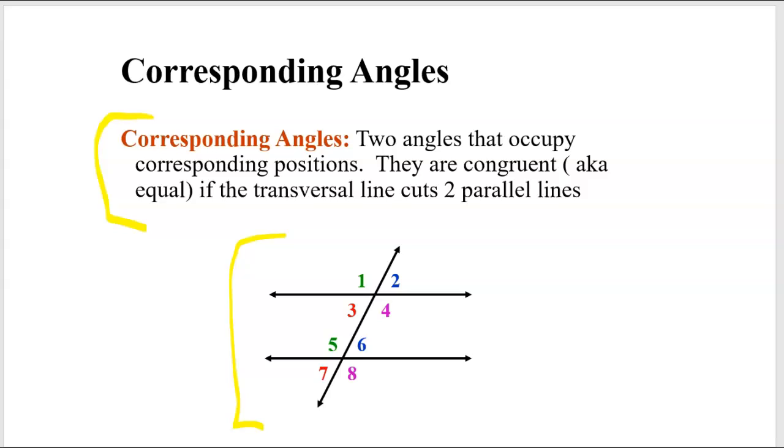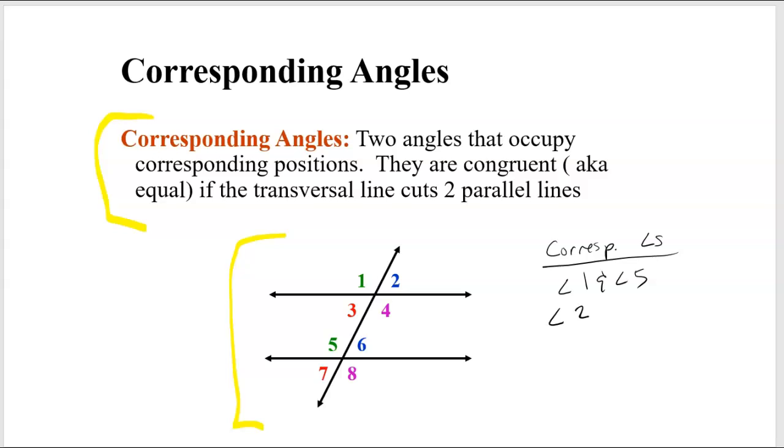Notice that this picture does not have parallel lines, but our angles are still in the same position, right? So notice that 1 and 5 are color coordinated because they're above the line and to the left of the transversal, right? So corresponding angles, angle 1 and angle 5, they go together.